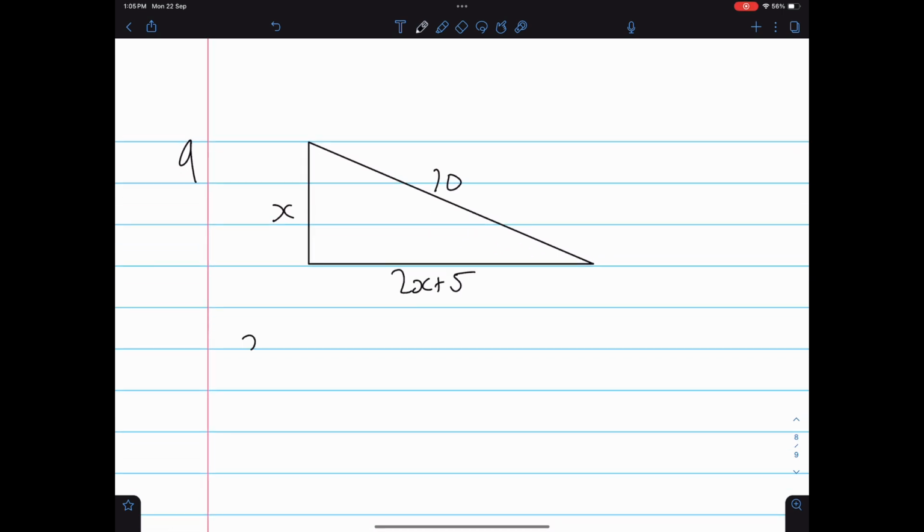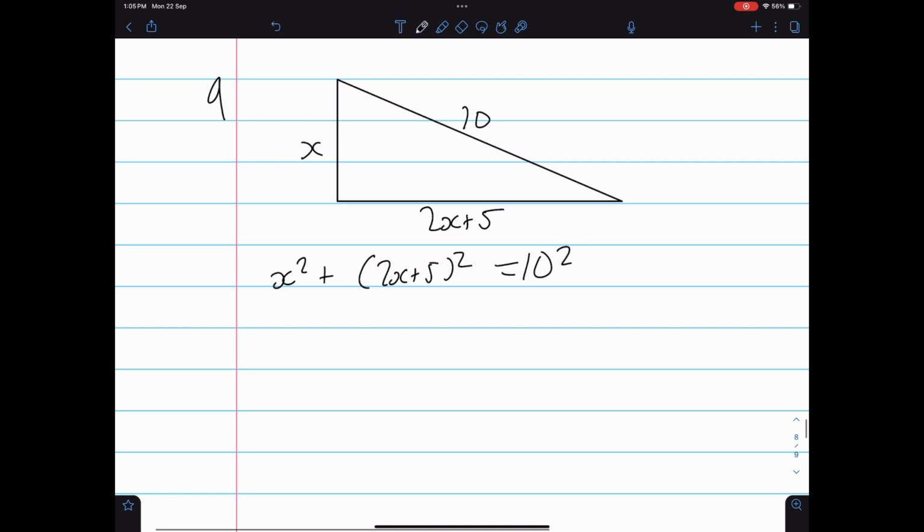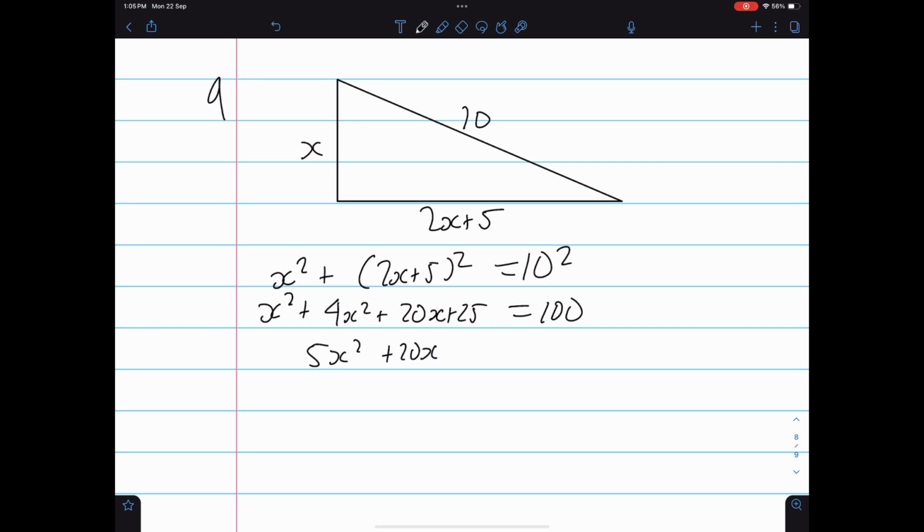So we know that x squared plus 2x plus 5 all squared will equal 10 squared. Expand this, we get 4x squared plus 20x plus 25, and this is equal to 100. Now we got 5x squared plus 20x, and then minus 75, and that's equal to 0. Divide by 5.